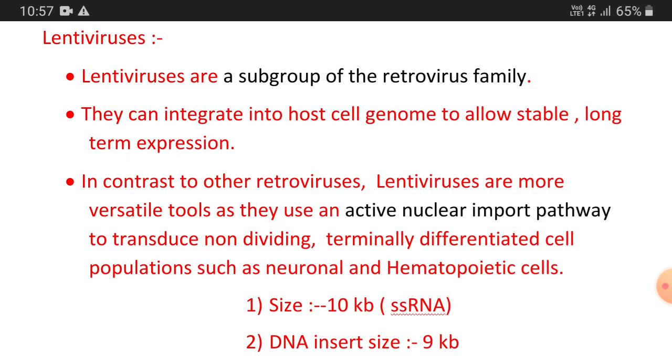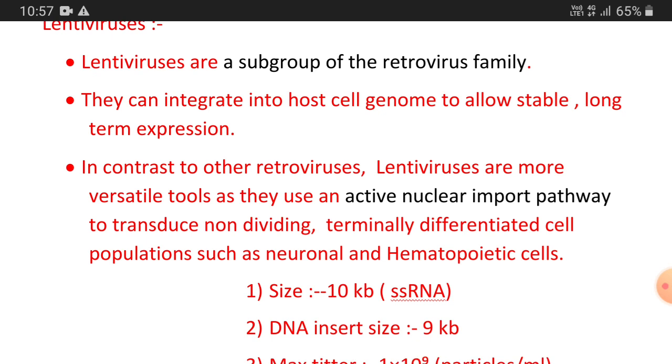That glycoprotein makes the retrovirus a viral vector that can infect any mammalian cell type. The major disadvantage of retroviral based vectors is that they can stimulate insertional mutagenesis, and they also have the ability to activate latent disease.